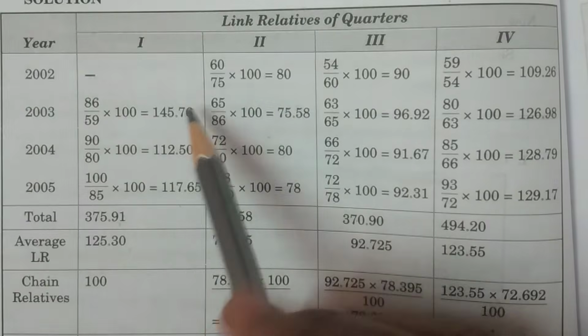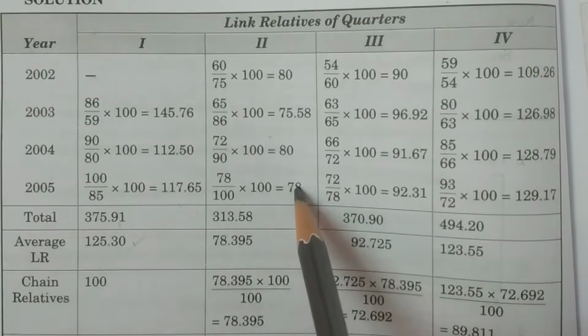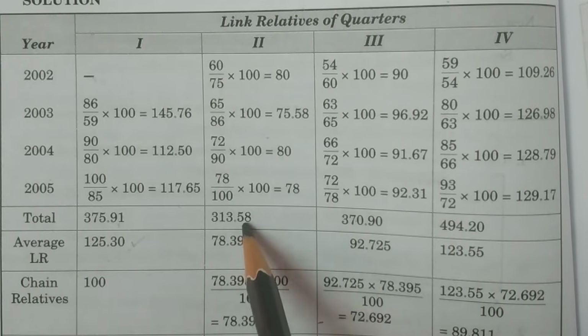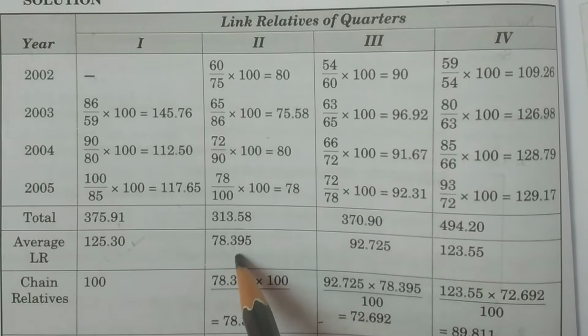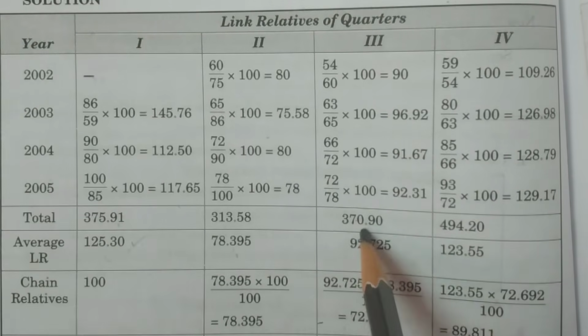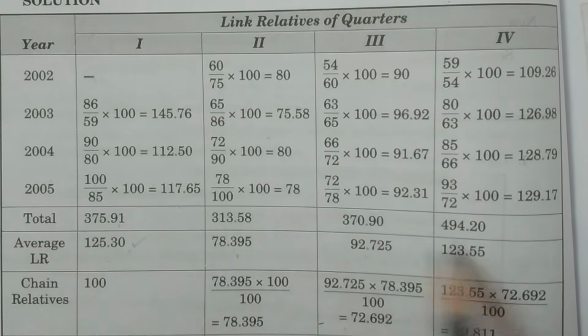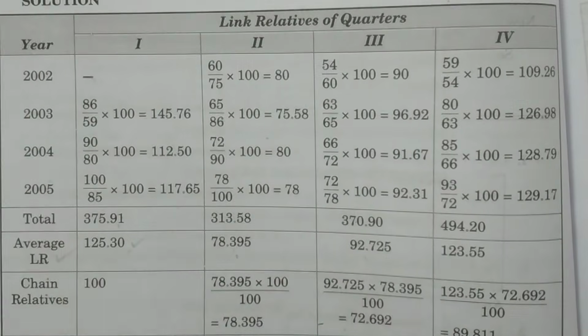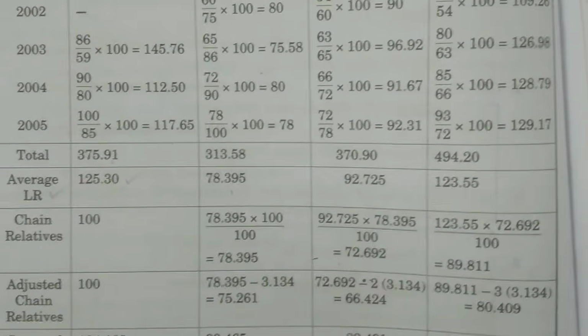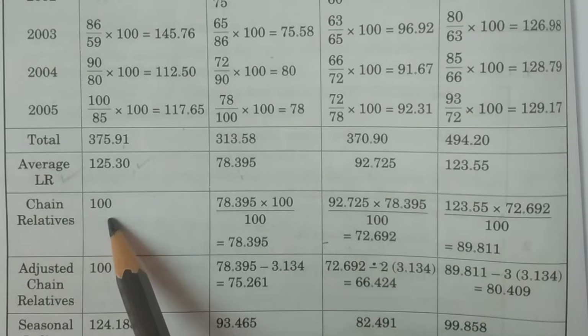For the first quarter, 1 2 3 divided by 3. Here, 313.58 divided by 4, you will get this. Similarly for the others, 4 divided by 4, and you will get the average LR. Next column, chain relatives. For the first one, it is considered as 100.